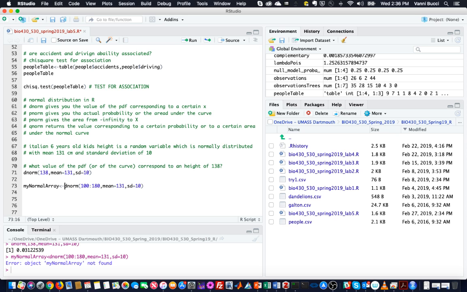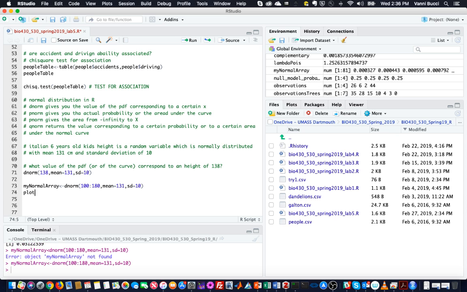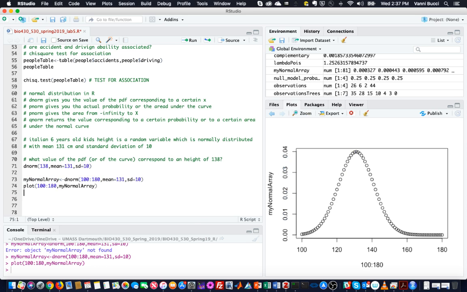I can say plot this versus my normal array, and I get some sort of normal distribution. Very simple and brute way to actually do a normal distribution plot, right?